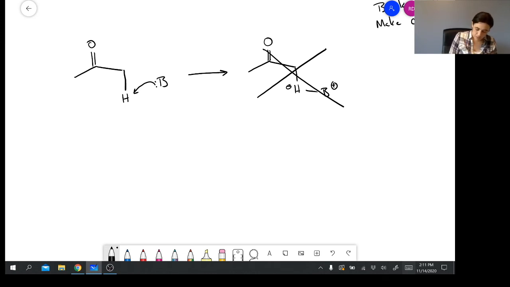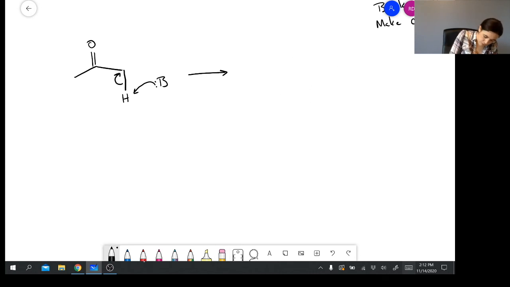In order to fix that, what you want to do is break the bond between the carbon and the hydrogen, right? So now you're making the bond between the base and the hydrogen, and you're sharing the electrons from the carbon-hydrogen bond with just the carbon.